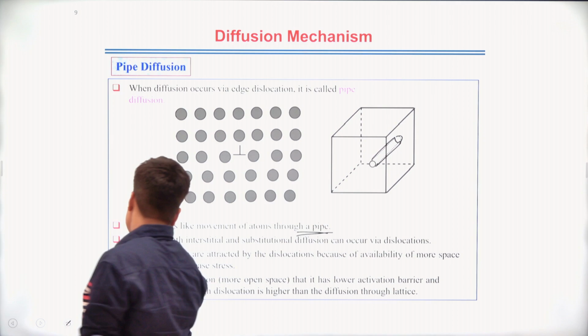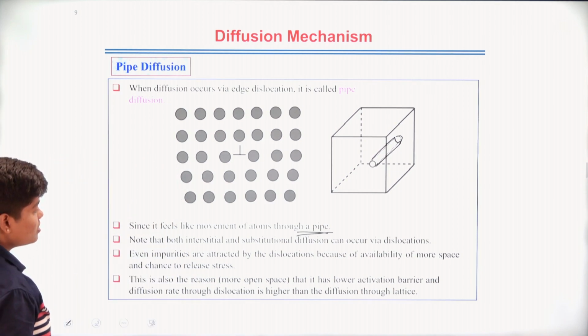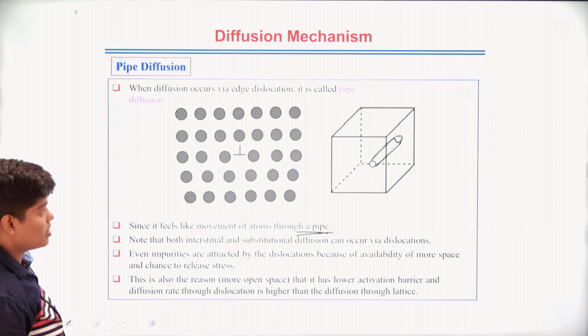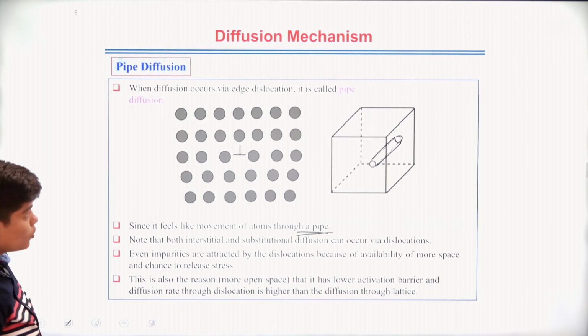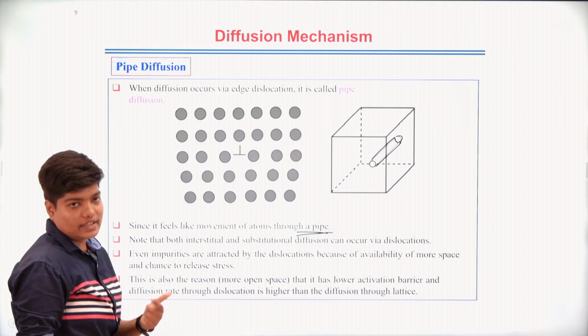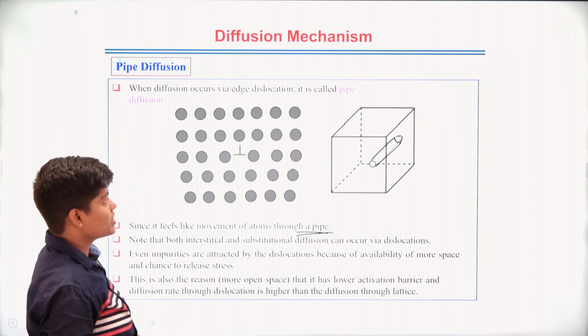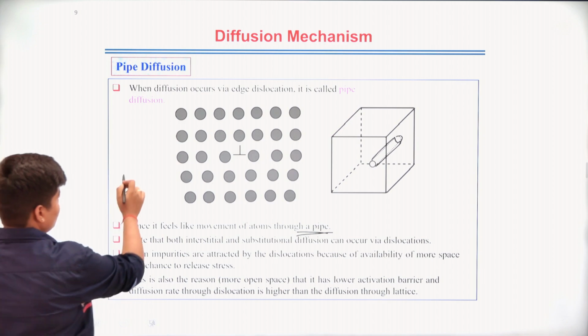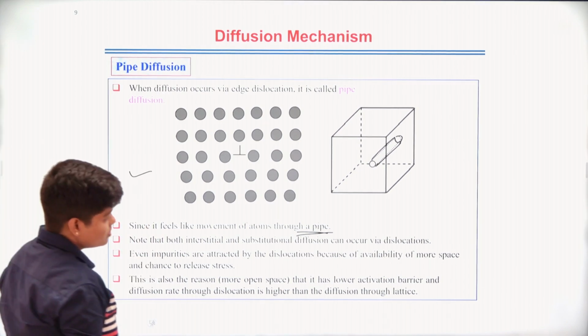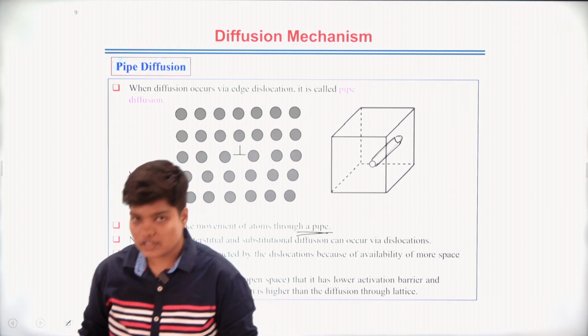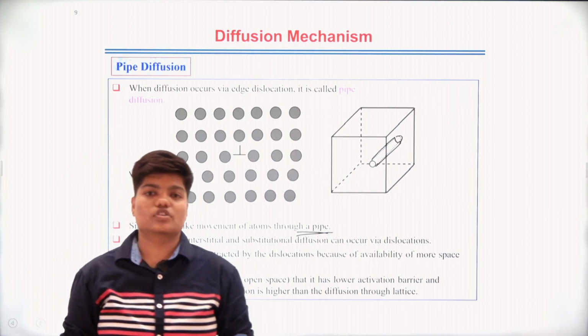The dislocation region has a lower activation energy, so the diffusion will be more as compared to the atom interchange, vacancy or interstitial mechanism. Pipe diffusion will be more because the activation barrier is less, so the rate of diffusion will be more.